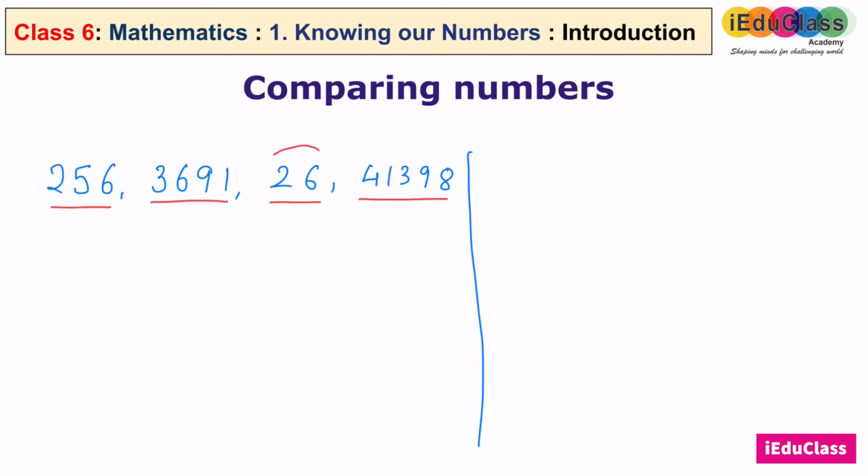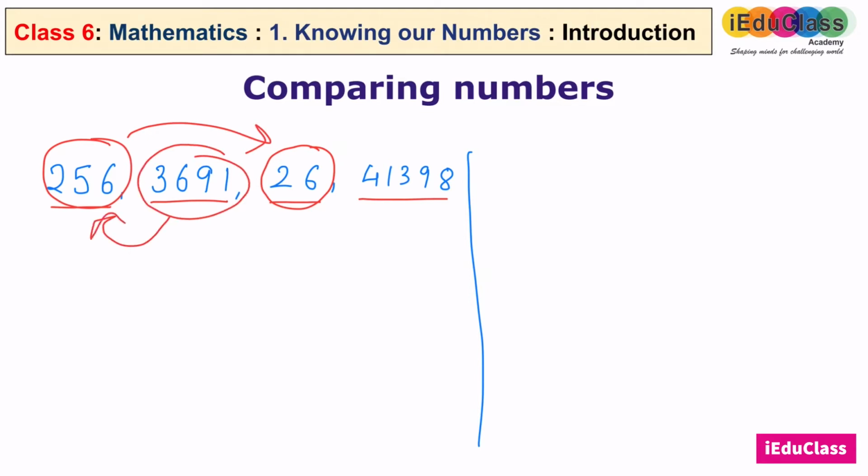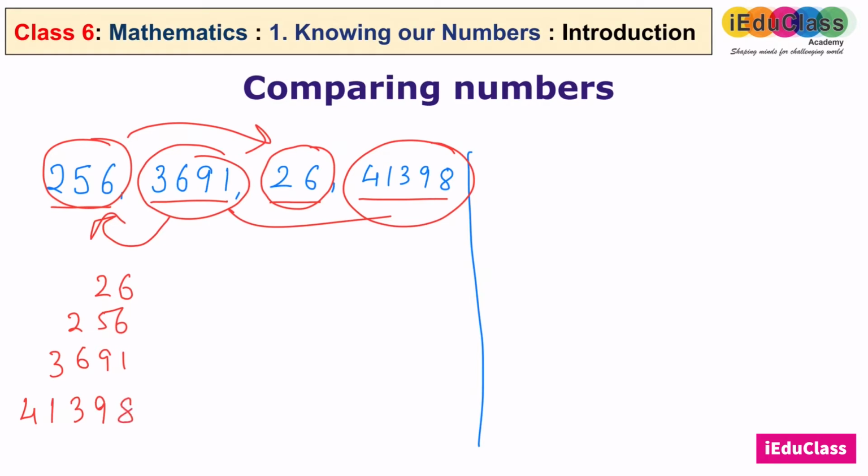So the smallest one is 26, then 256 is greater than 26, 3691 is greater than 256, and lastly the greatest is 41398. If I write, first of all 26 smallest, then 256, then 3691, then 41398.